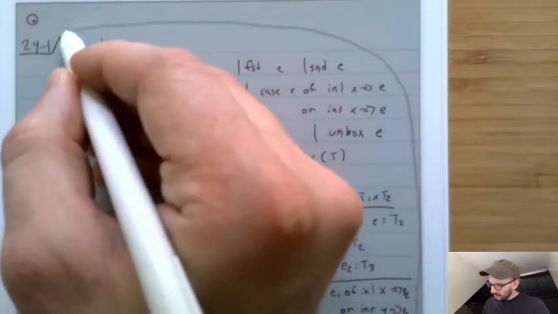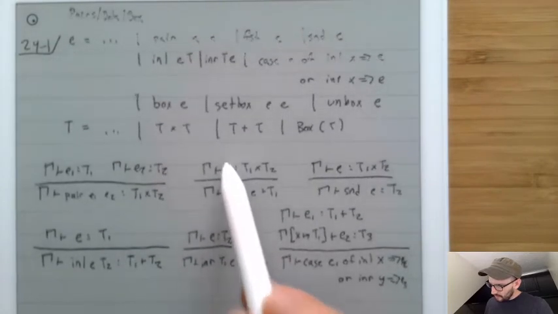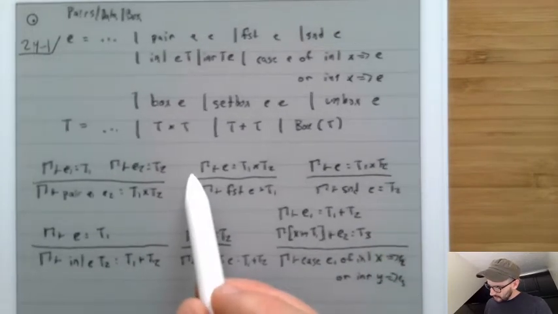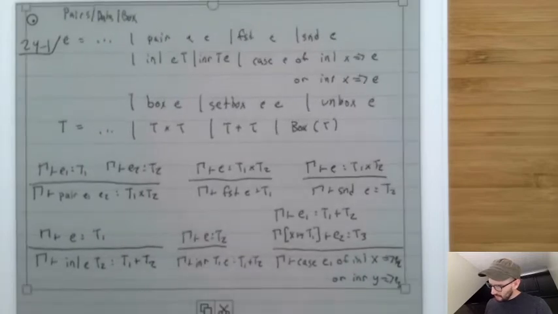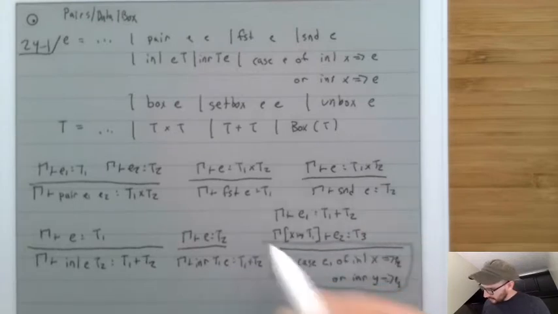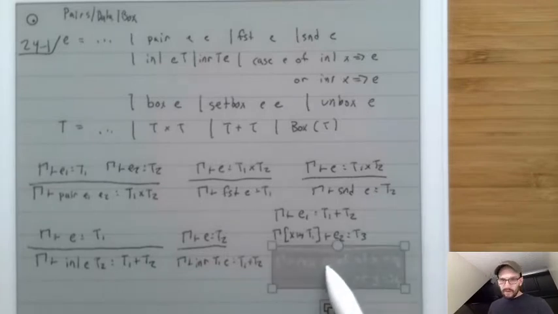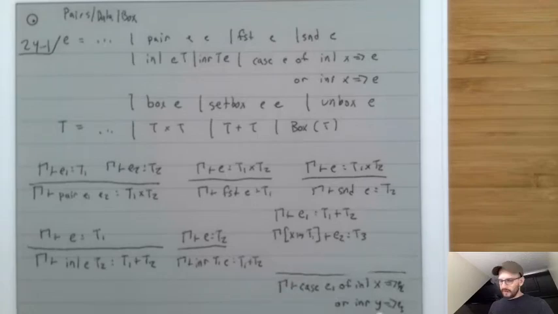We'll circle this, move it up so we have some space, and then take this and move it down a little bit. There we go.